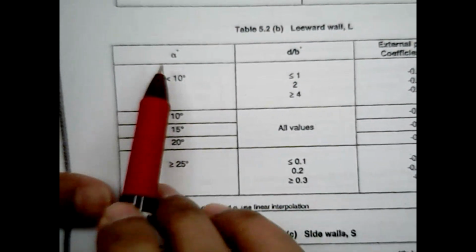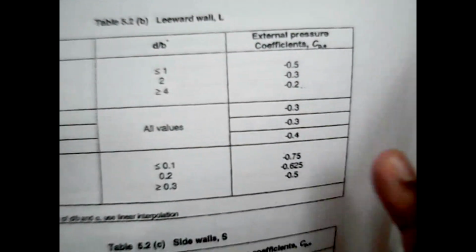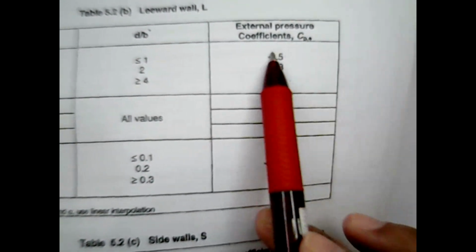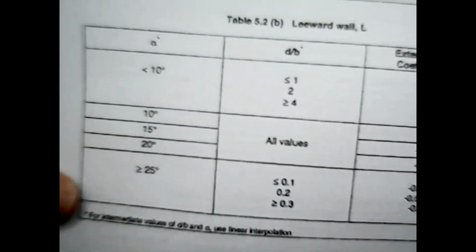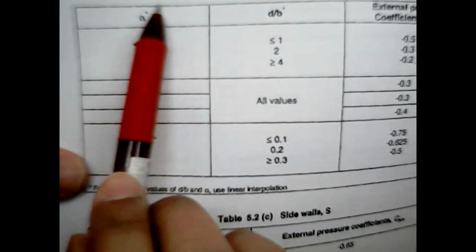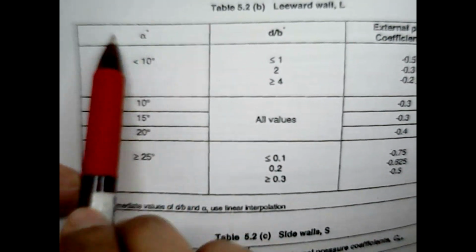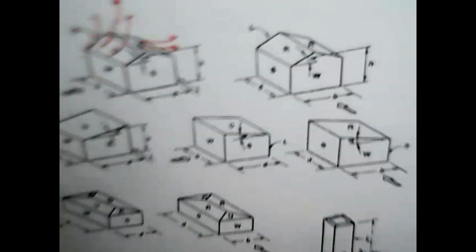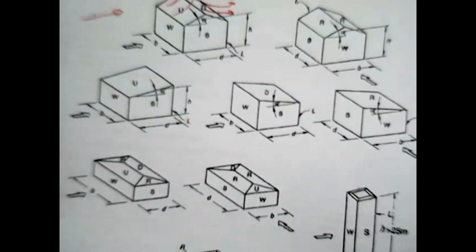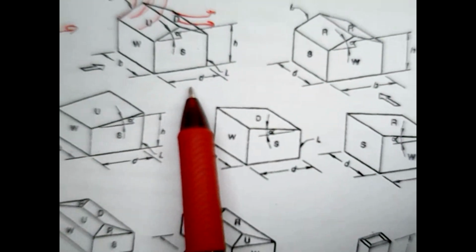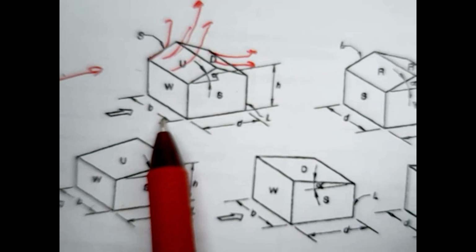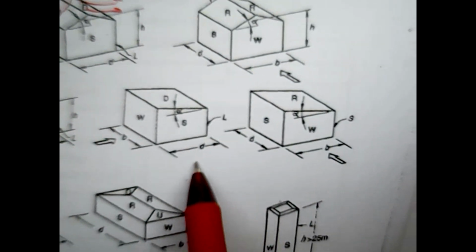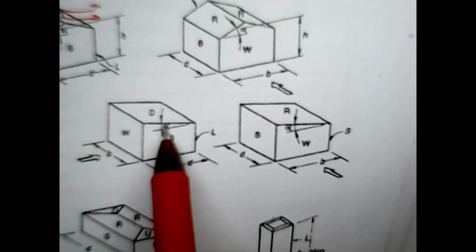Here it depends on how you find the external pressure coefficient factors. It is based on the angle of your roof and D over B. In these structures, here is D, here is B, and this is what we call the angle.